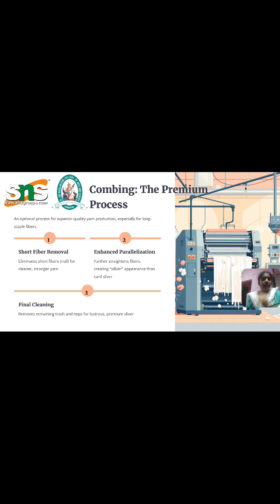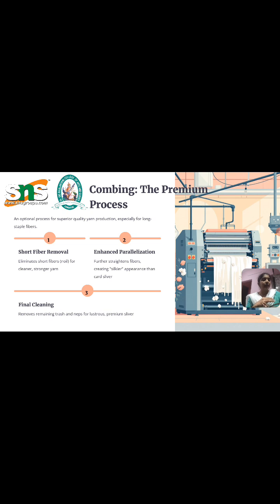Next is the combing. What is the combing process? It is an optional process, because the short fibers are taken and removed. If needed, we can blend them with different forms and go on with another byproduct. So it is mainly concentrated in the blending process.